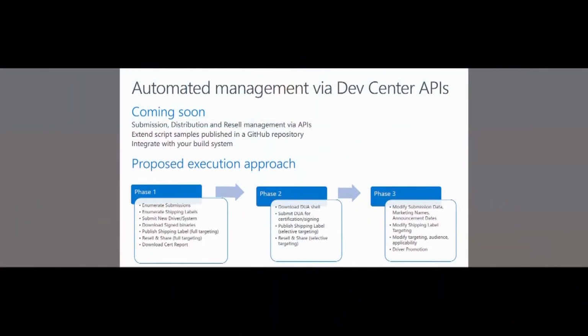Dev Center APIs. I know this has been the number one ask for a lot of partners for a while now. We've started this journey with Dev Center Analytics, and I think we are making great progress towards telling a better story for the rest of the product. We intend to make these Dev Center APIs available across the spectrum for various scenarios like submission, distribution, and resale activity.